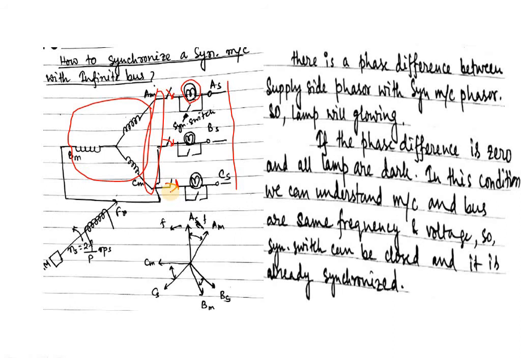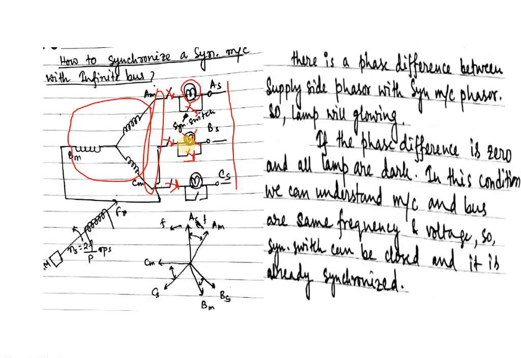So the synchronizing switch will be closed. This is the synchronizing switch, and when this is closed, this bulb portion will be just cut out. It will not be present. When it is synchronized, it will be directly connected with the infinite bus.